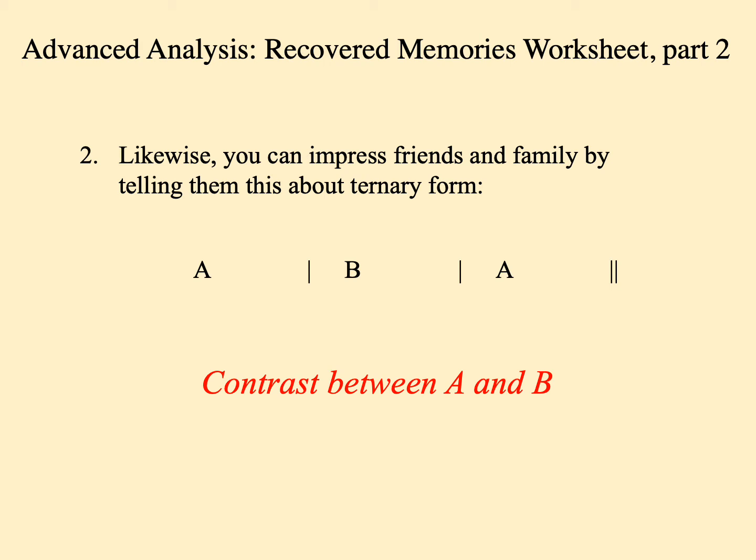Binary form has more it has to do. Needs to develop the ideas in section B. Binary form needs to modulate away from the tonic in section A and back to the tonic in section B. Ternary form just needs to be different, contrasting in section B compared to what happened in section A. Besides that, there are no real requirements.